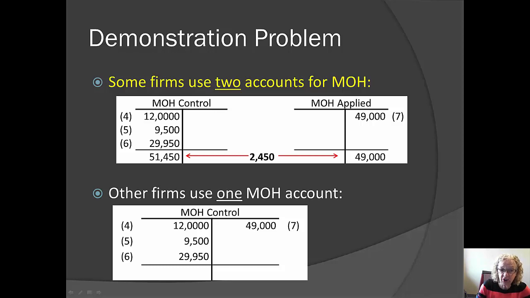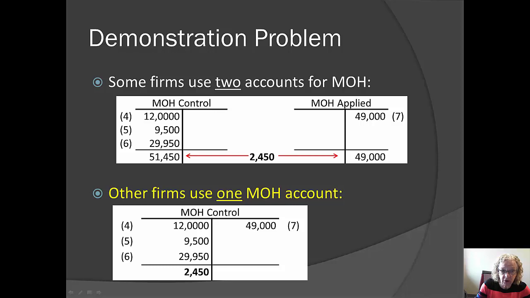That means there is $2,450 worth of overhead that is unaccounted. Other firms choose to use a single overhead account. In that case, the debit side of the account represents actual overhead, the credit side represents applied overhead, and you come out with exactly the same difference.